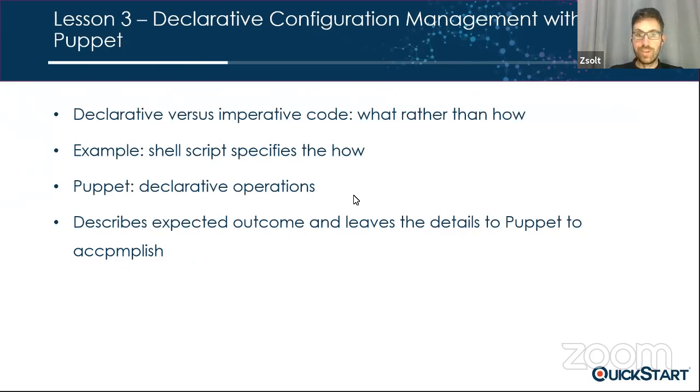So let's move on to lesson 3, declarative configuration management with Puppet. So what is declarative? Declarative is answering the what question in case of describing a problem, and imperative is describing how to solve a problem.